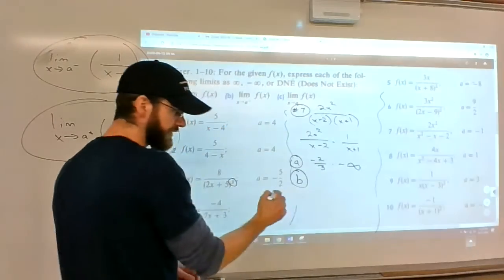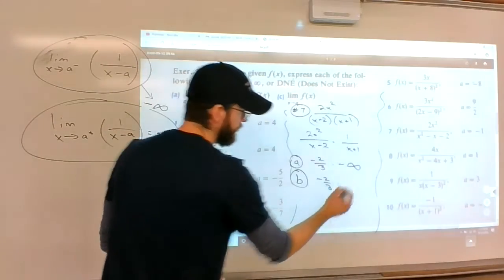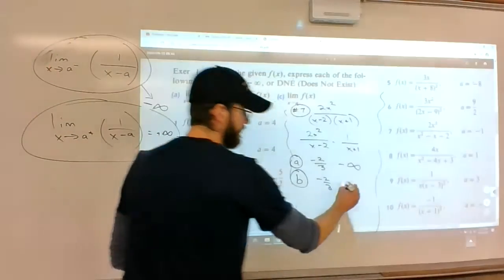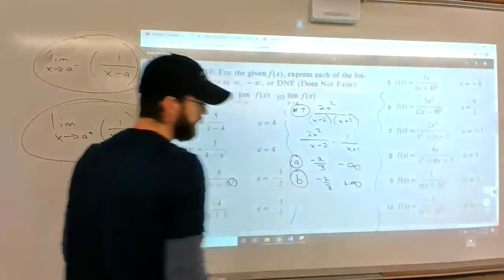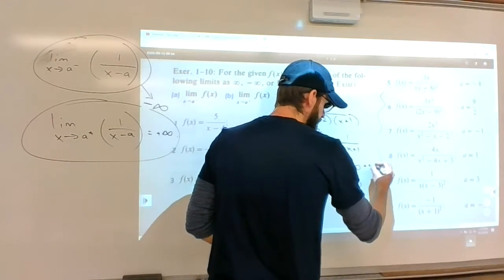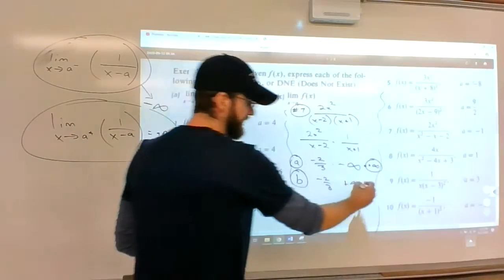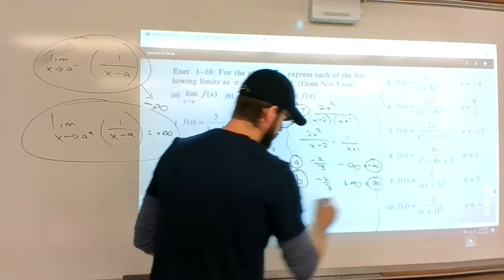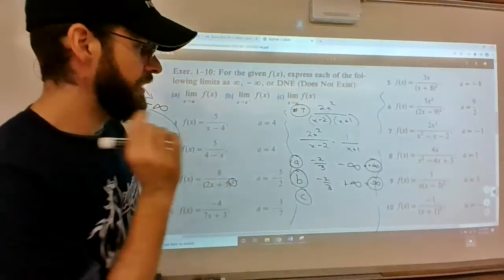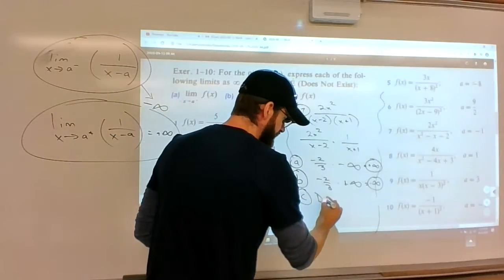From the right, again, same expression, same plugging in of negative 1. Positive infinity. So A is positive infinity, negative times a negative. Left is negative infinity. And then Mr. Swokowski and I can agree that this would be does not exist.